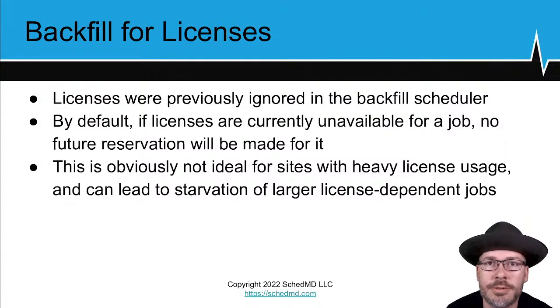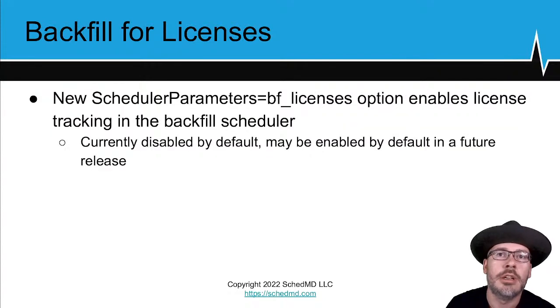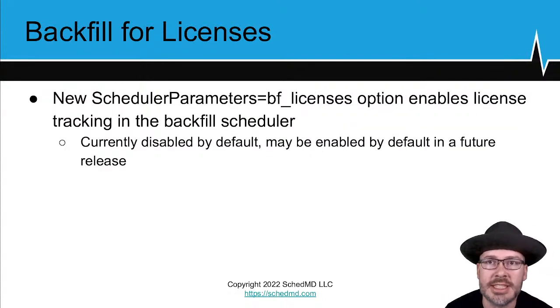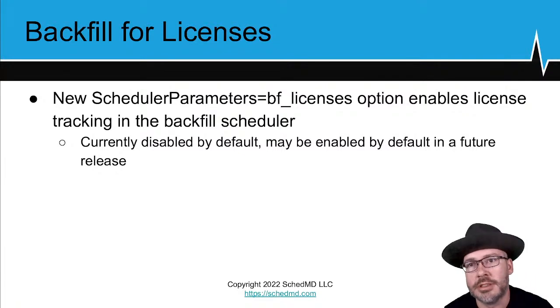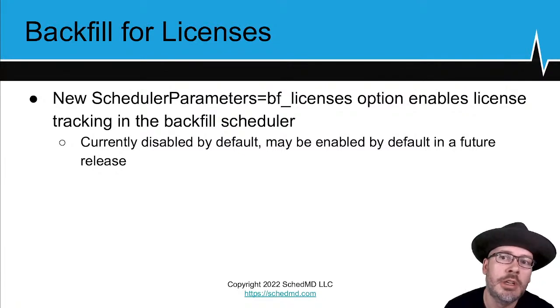So in Slurm 22.05, there is a new scheduler parameter, BF licenses, that will tell the scheduler to explicitly track, manage, and backfill around the expected license utilization on your system. This does come at a slight cost. The more work the scheduler does, the more work it has to do.